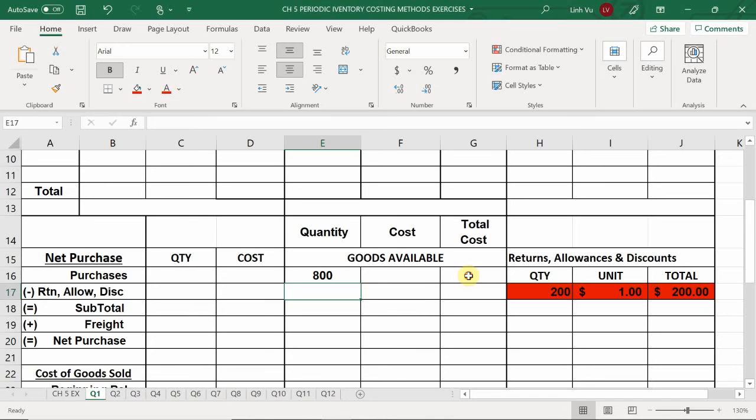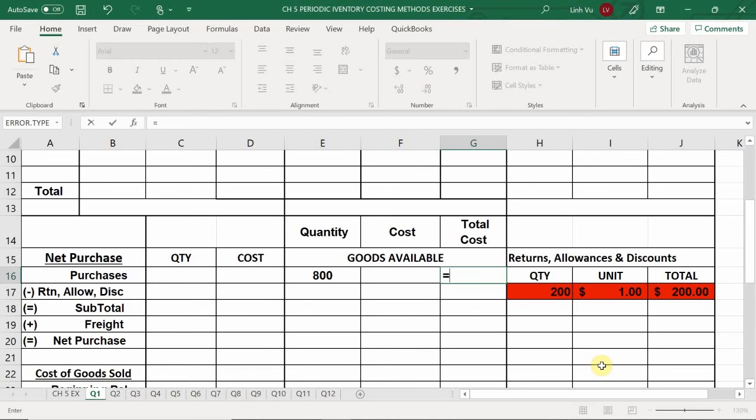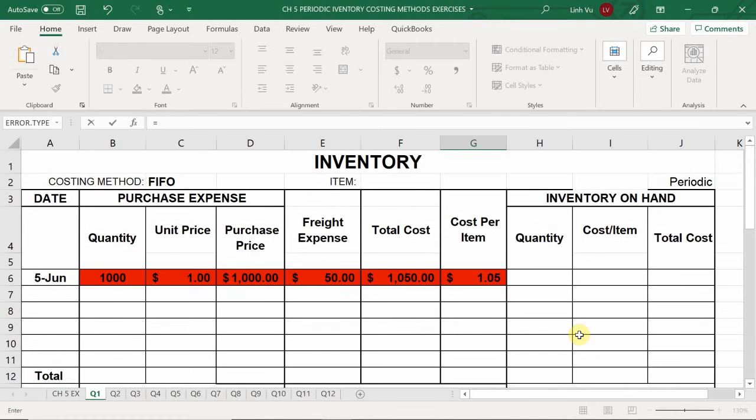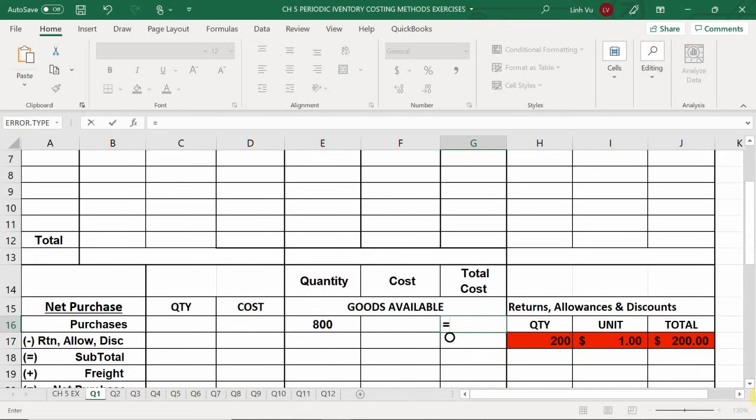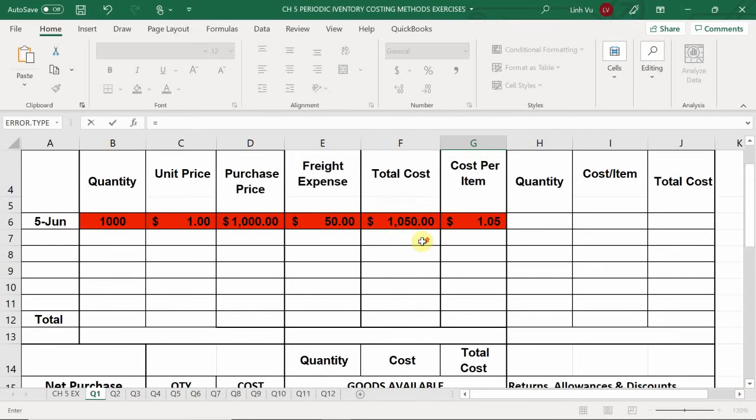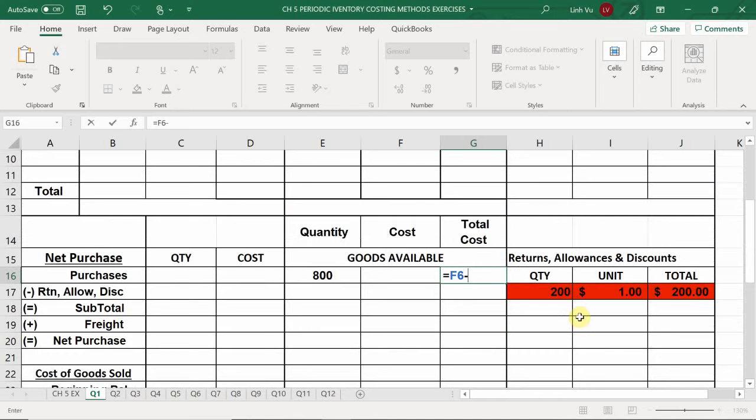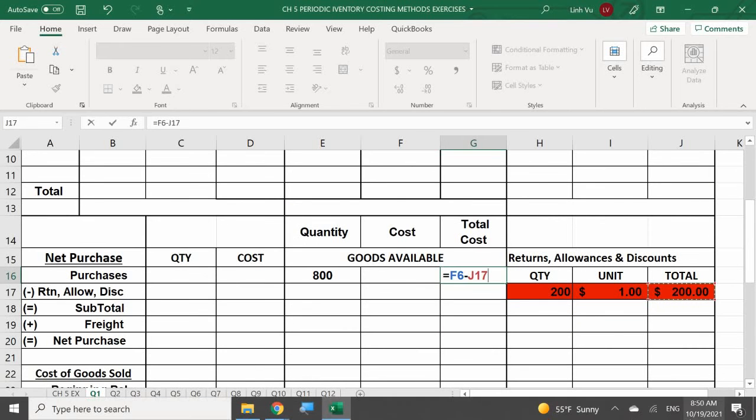Now here is where we also have to recalculate our cost per item, because we didn't return freight, because we can't. Instead, what we returned was the purchase price. My total cost was $1,050. However, I got a refund for $200. So my accounts payable now is going to reflect that I owe $850.